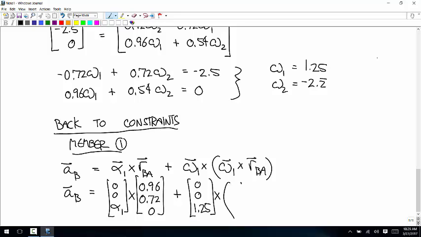Cross quantity 0, 0, 1.25, cross 0.96, 0.72, 0.